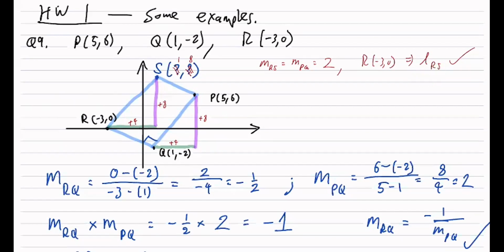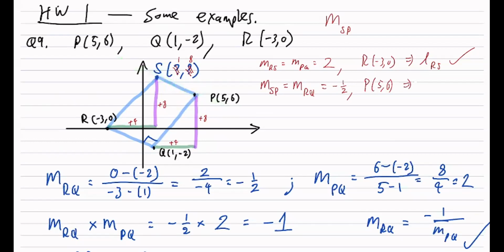How about LSP? Can we find LSP? Can. Why? Because the gradient of SP, I like to write down M then subscript SP, is equal to the gradient of RQ, right? Because opposite sides of a rectangle are parallel. And we already found out MRQ is -½. And we also have a point that SP passes through, which is point P, 5,6.